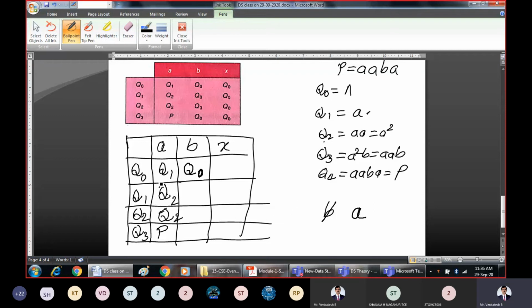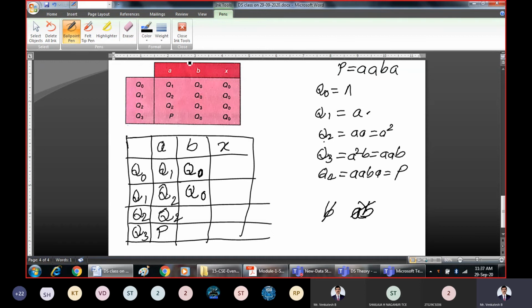But what we got here from Q1 is B. This is not what we want. We wanted AA. That means we will not change our state. We'll be again in Q naught itself.